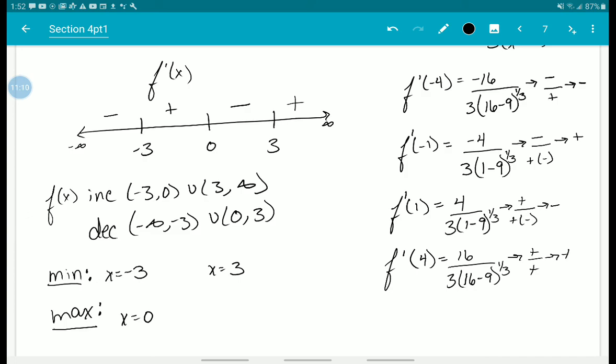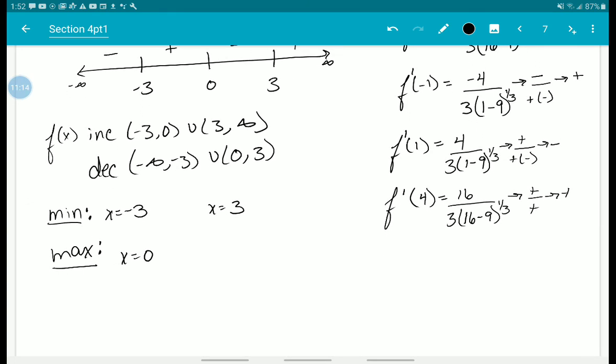So now that we know where that's happening, let's find those y coordinates. So our function was f of x is equal to x squared minus 9 to the 2/3.